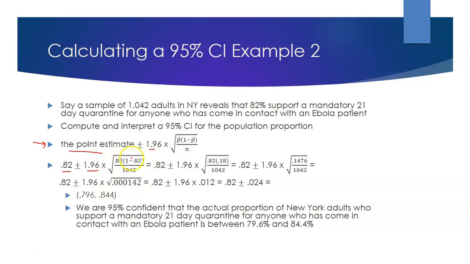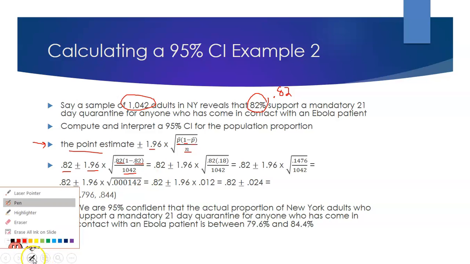And then the standard error here, we have p hat, again our sample proportion. 82% is equivalent to a proportion of 0.82. And then we have 1 minus p hat, where p hat again is 0.82. And our sample size n, we obtain from the question. There are 1,042 adults, so that goes in the denominator.